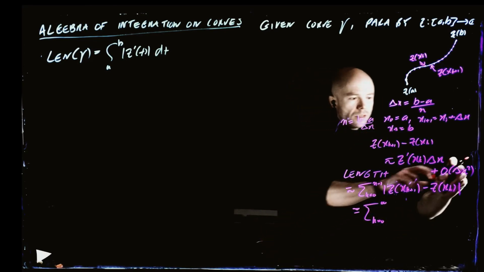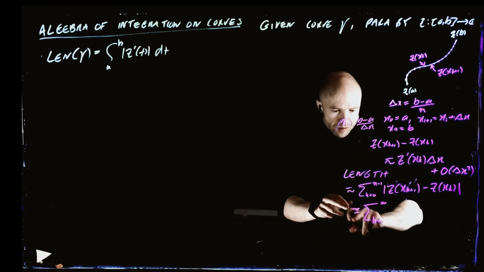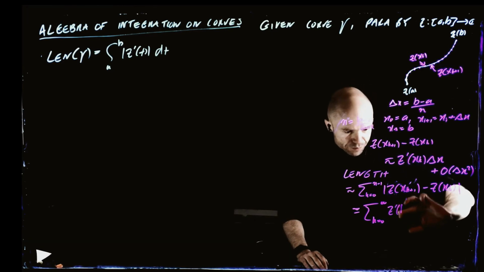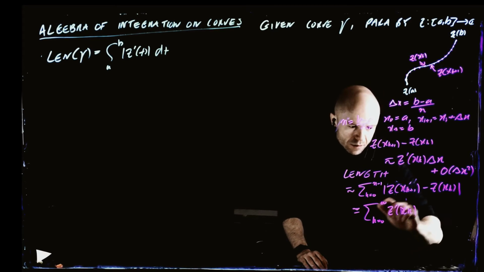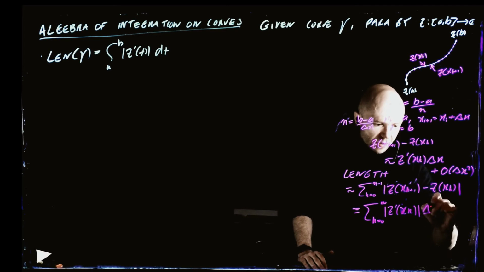So if we have delta of x squared times n, forget about it, it's going down to 0. So this thing is really a lot like the absolute value of z prime of xk times delta of x.